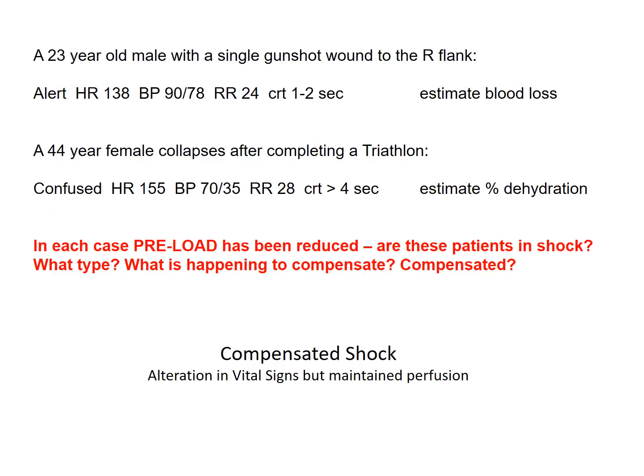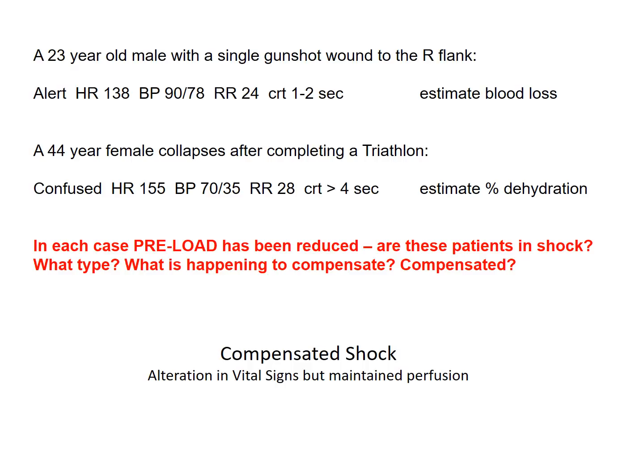So here are two individuals, a 23-year-old who's been shot and a 44-year-old who collapses after completing a triathlon. Look at their clinical signs and symptoms, and you can see that in each of these cases, it is a reduction of preload. So can you recognize the signs and symptoms of shock in each of these individuals?